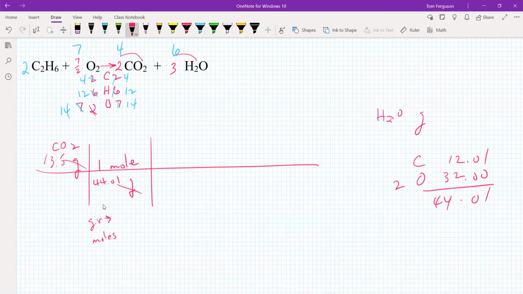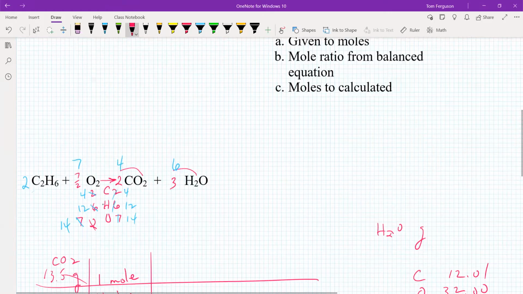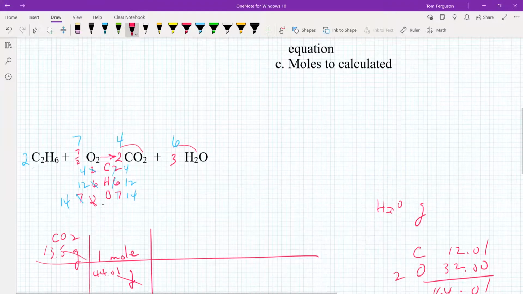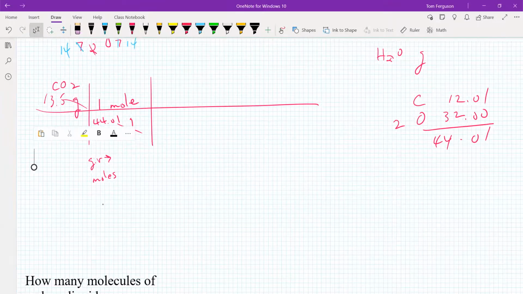Now we need to go from moles of CO2 to moles of water, and we do that via the balanced equation. That's why we balance the equation. It's this middle step.